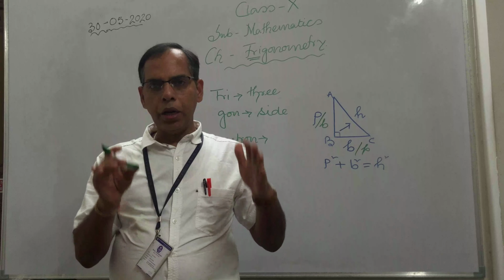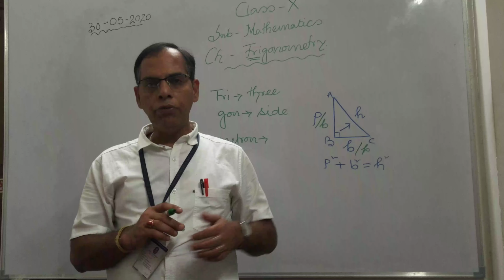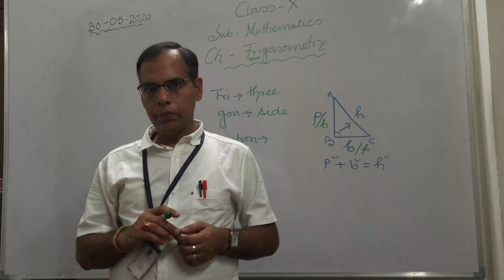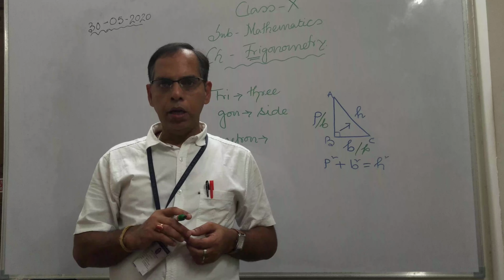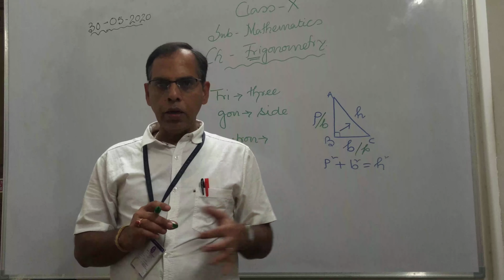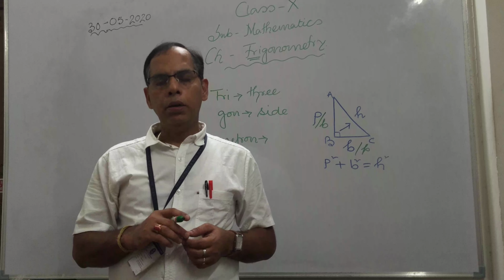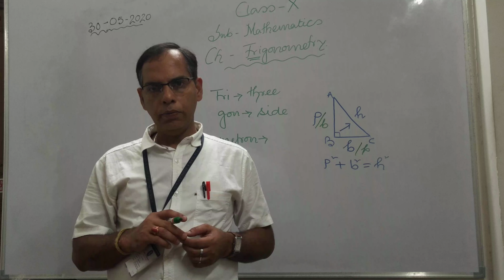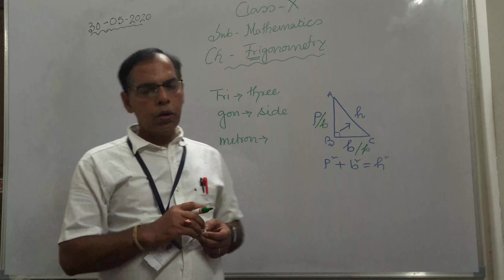The right angle triangle and Pythagoras theorem are part and parcel of each other. If one is there, automatically the other will be there. If it is a right angle triangle, then Pythagoras theorem should hold. If Pythagoras theorem holds, then it should be a right angle triangle as well. Clear, my dear students?